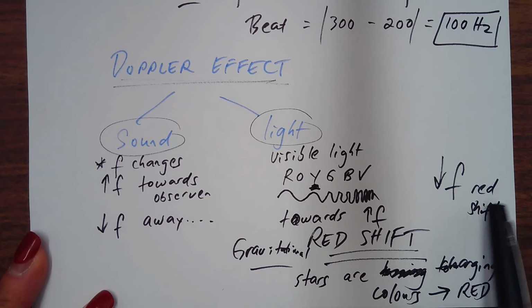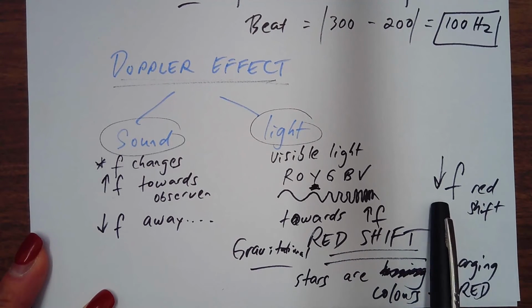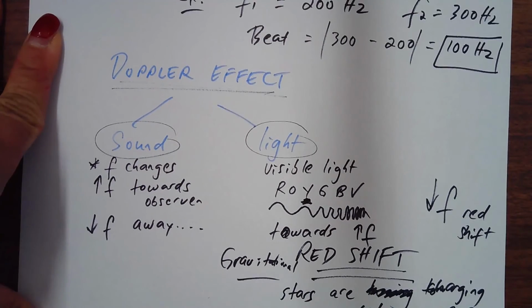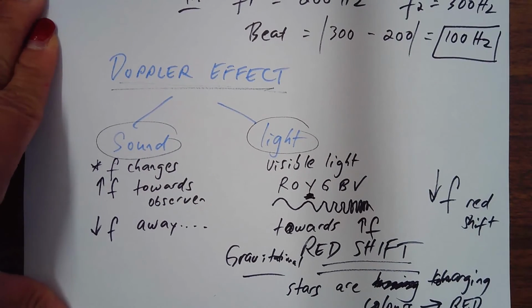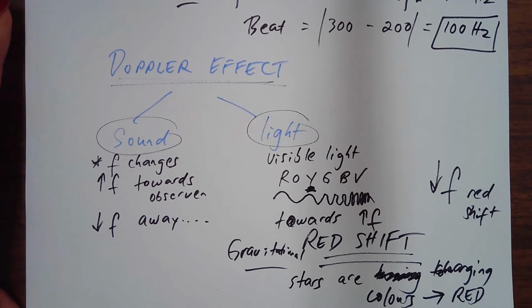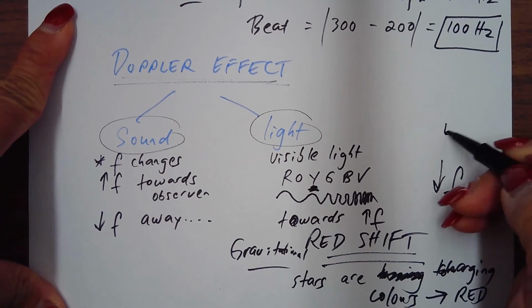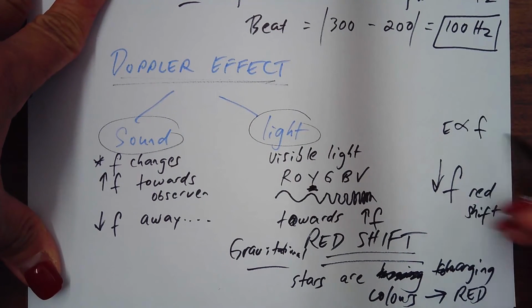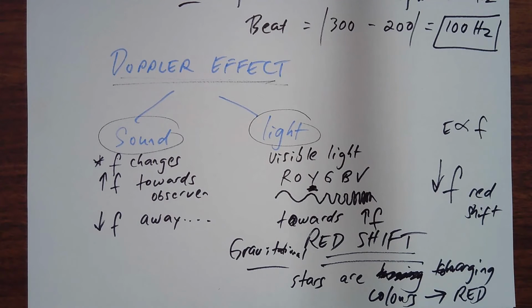So then what does that mean? A shifting to red is a decrease in frequency. And what happens to the energy level with a decrease in frequency? Is it decreasing or increasing? What's the relationship between energy and frequency? It's a direct relationship.